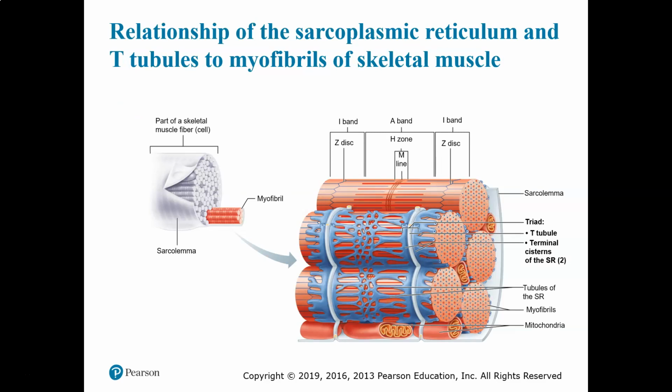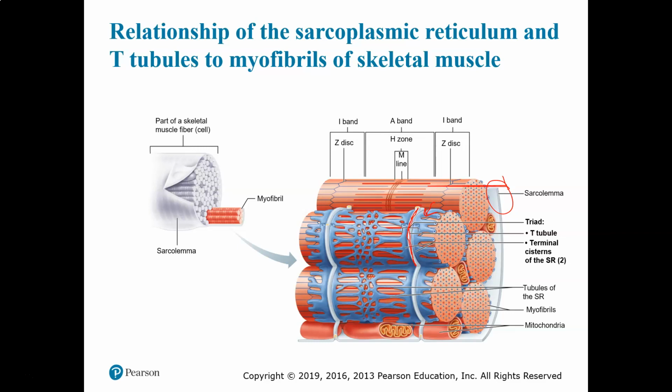The blue structures here are your sarcoplasmic reticulum. And then you can see a triad, which is composed of a T-tubule. This is a T-tubule here, which is just the sarcolemma. It's gray like the sarcolemma. It has folded and formed a tube way down into the muscle fiber.